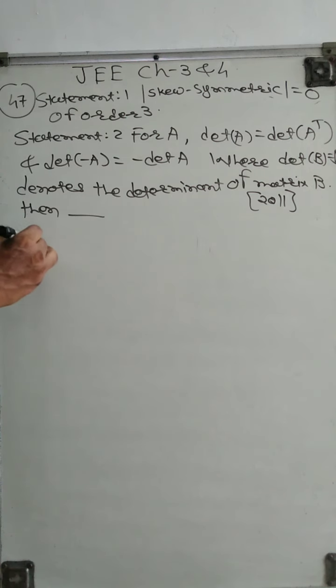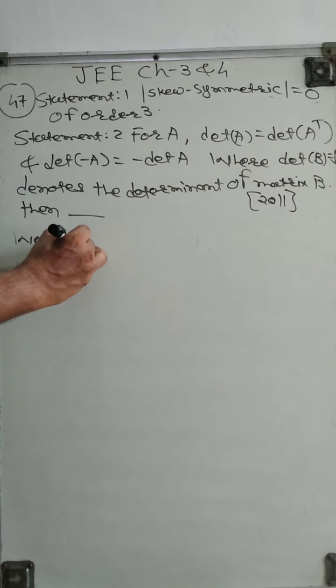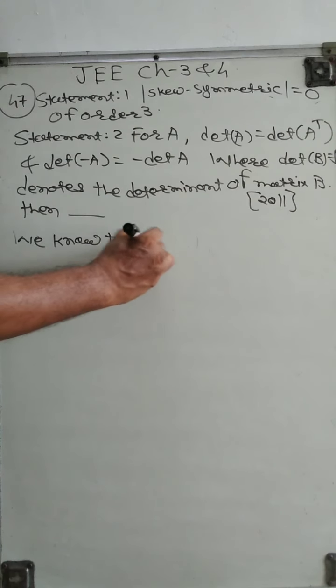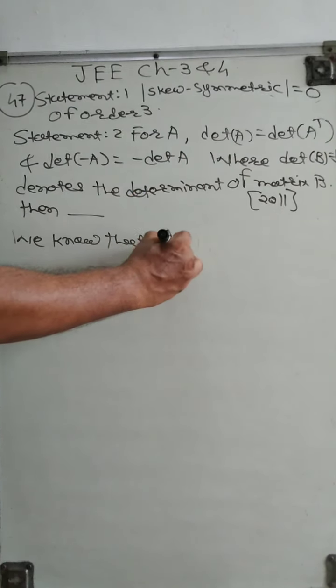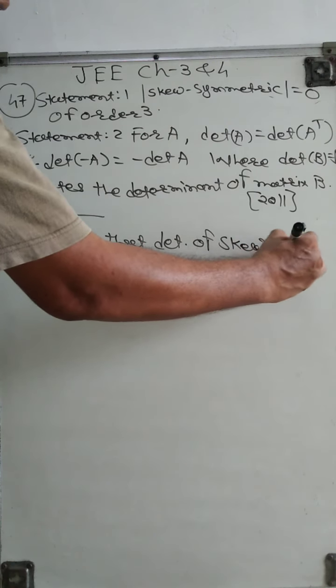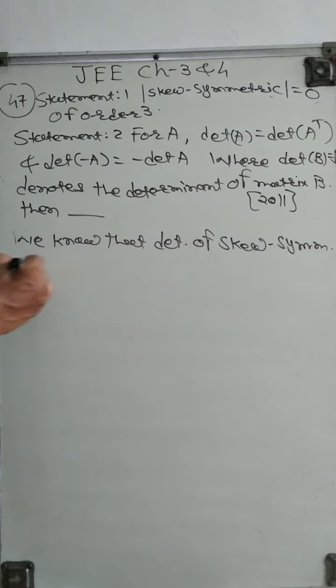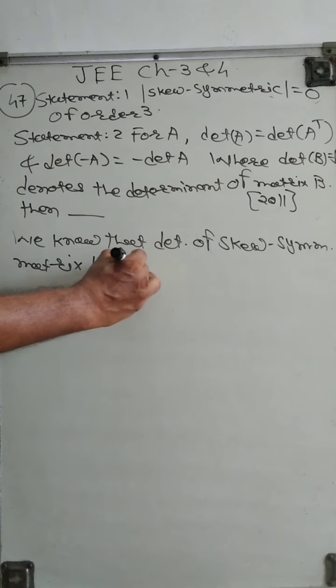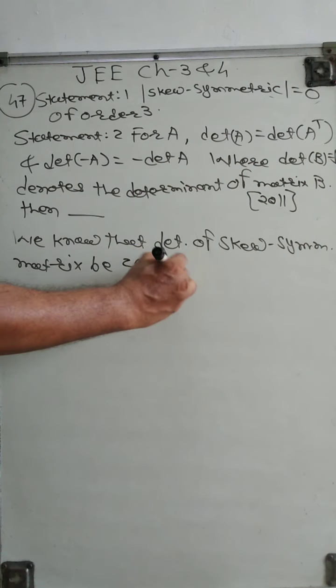We know that the determinant of a skew symmetric matrix of order 3 must be 0. How is it possible?